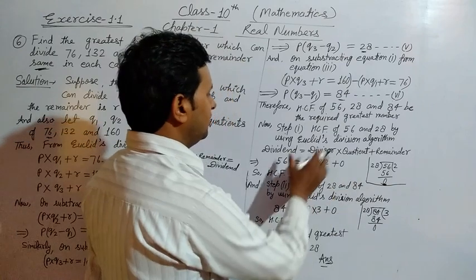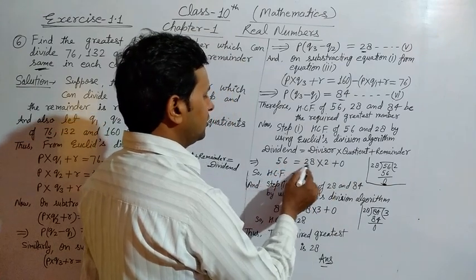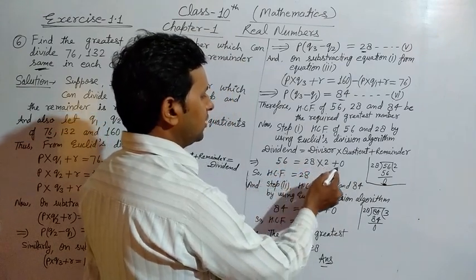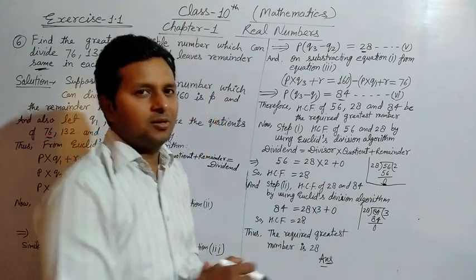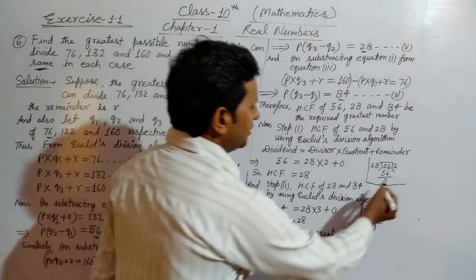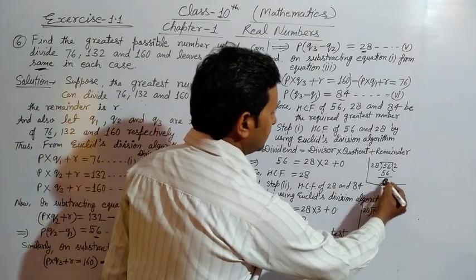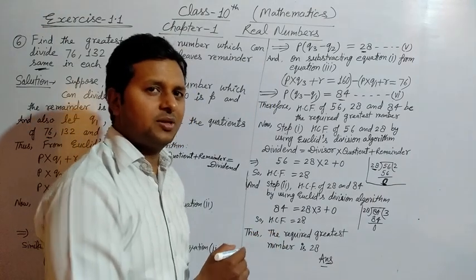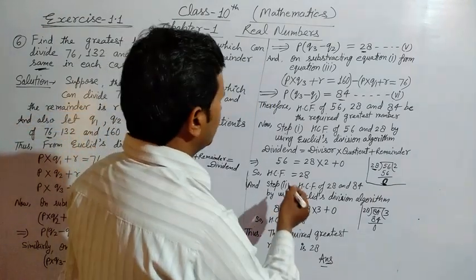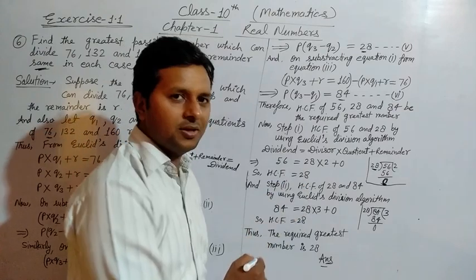So 56 is equal to 28 into 2 plus 0. 2 is the quotient and the remainder is 0. When we get remainder 0, that divisor is the HCF of the two numbers. So here the HCF is 28.